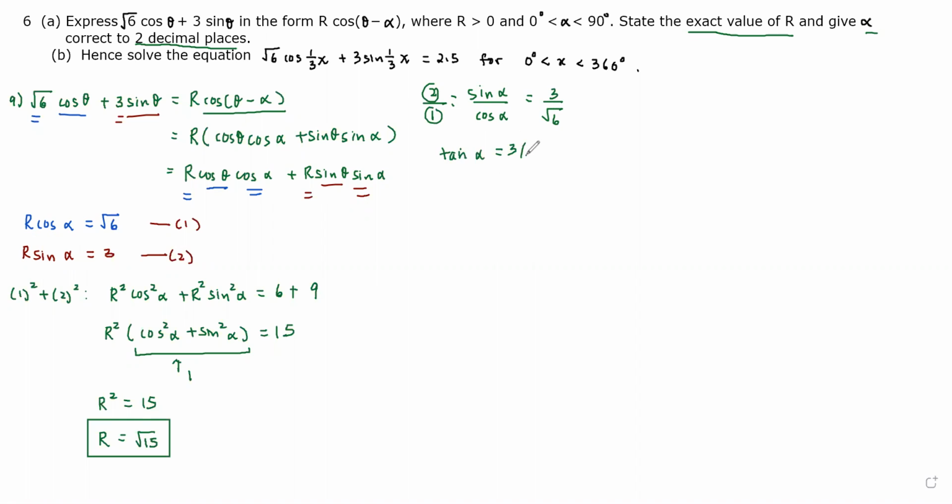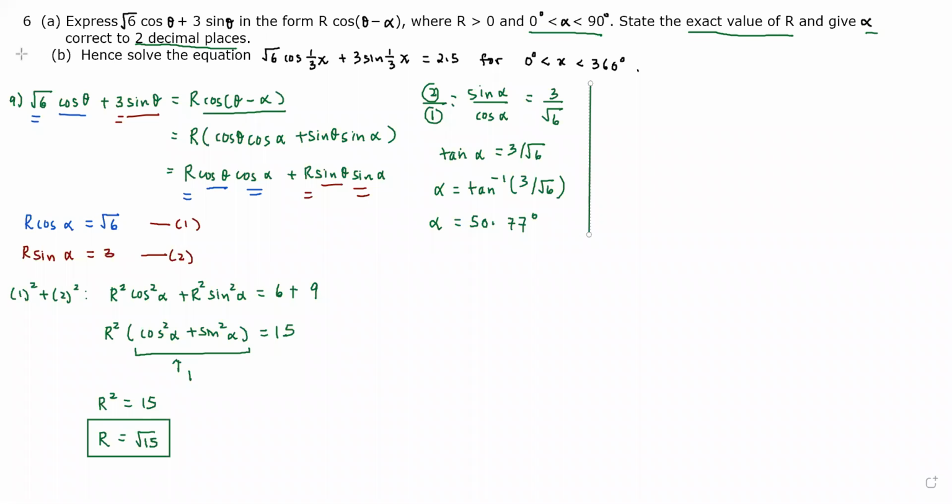Tangent alpha is 3 over square root of 6. Since alpha is in the first quadrant, we just find the inverse tangent of 3 over square root 6. Alpha is in between 0 and 90 degrees, so make sure that your calculator is in degree mode. Then alpha is 50.77 degrees, correct to 2 decimal places.